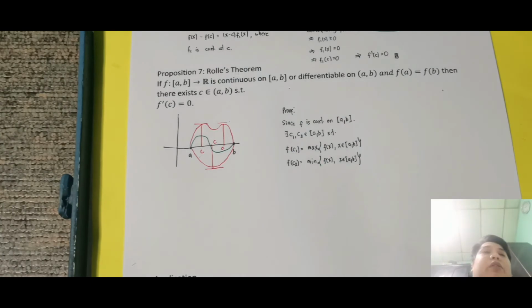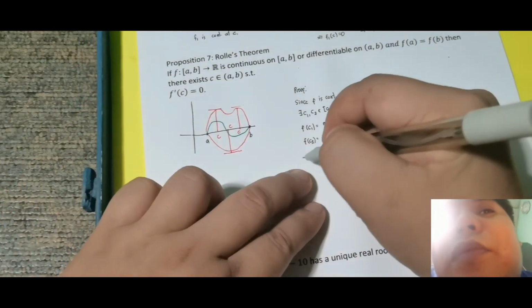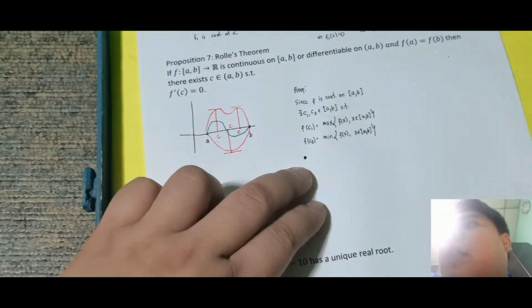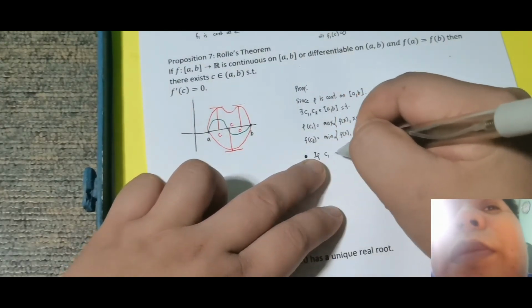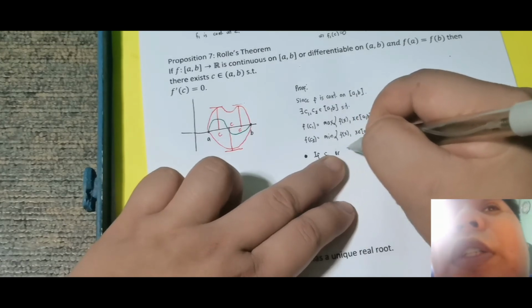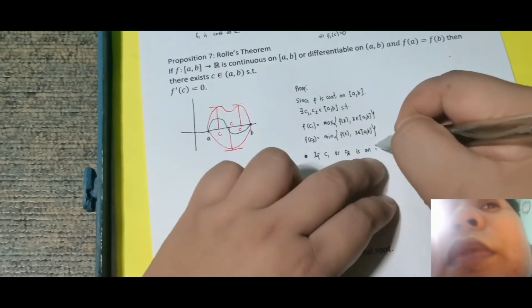Okay, now ang gusto natin patunayan is dapat yung f prime of c is equal to 0. Napakadali lang nung proving nito. Ito yung mga possible na mangyayari. Una, if c1 or c2 is an interior point.